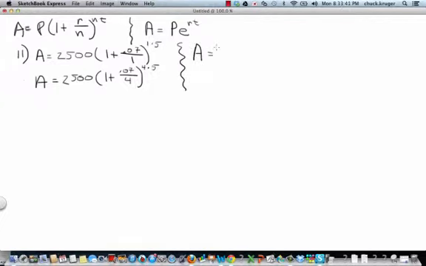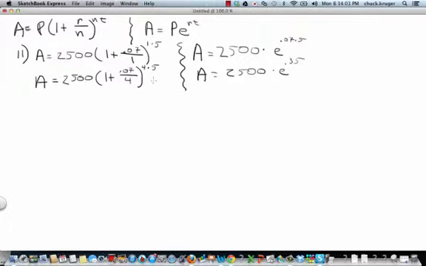And A equals 2,500 times e to the rt, which is 0.07 times 5, which is the same as A equals 2,500 times e to the 0.35 power.